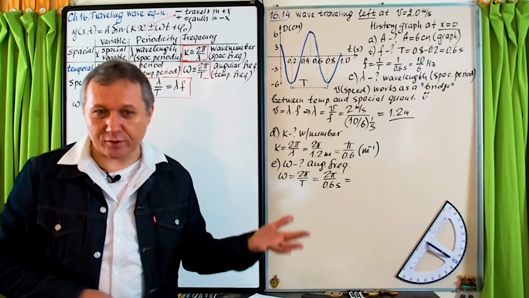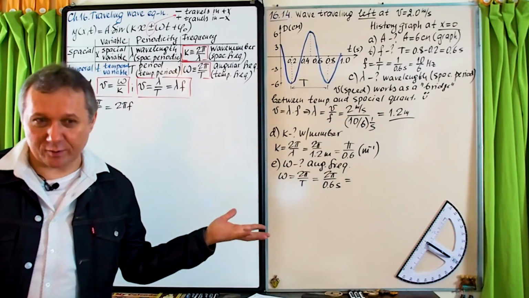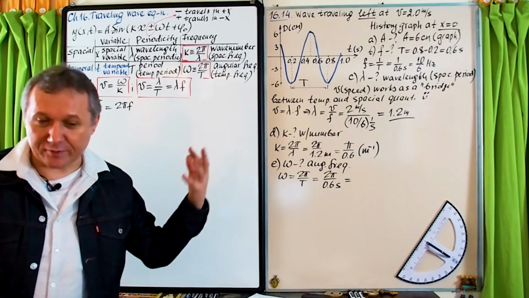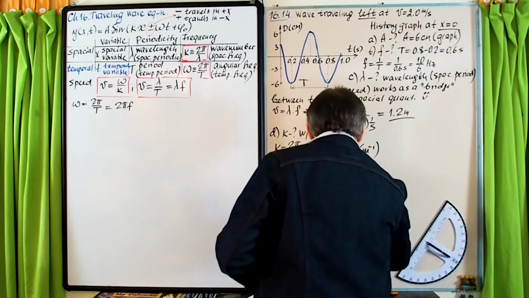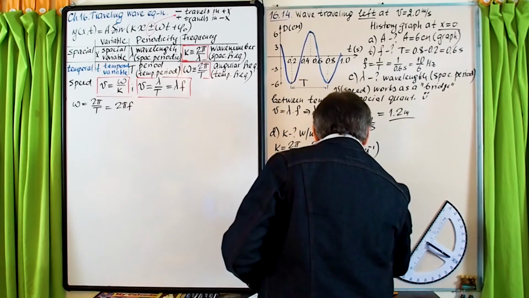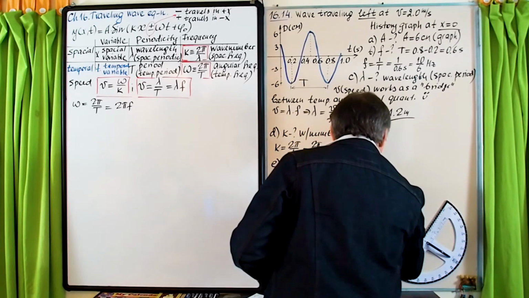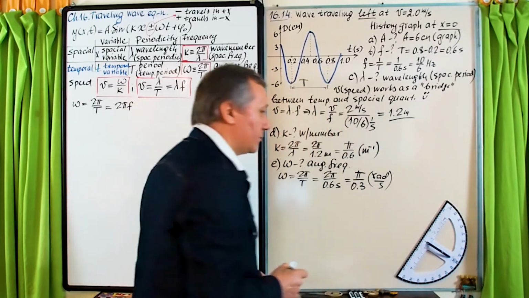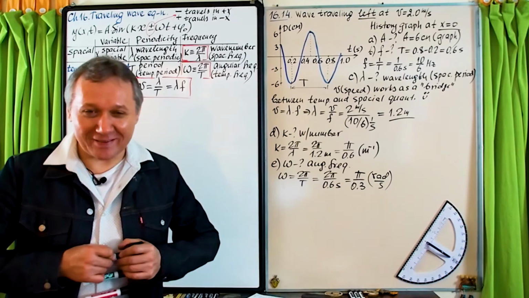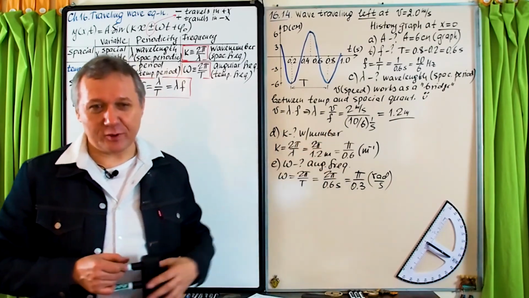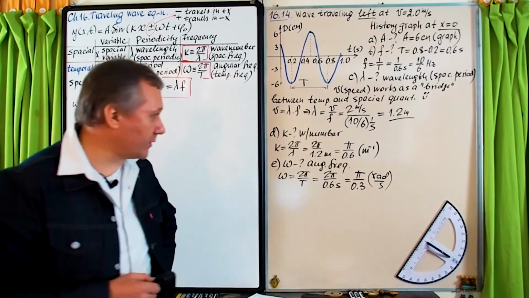Radian is introduced as the ratio of the arc length of the circle divided by the radius of the circle, right? You remember physics 1. So in this case, I will leave it as the ratio, pi divided by 0.3, but now I will write radians per second. Don't ask me why, because I don't know why.